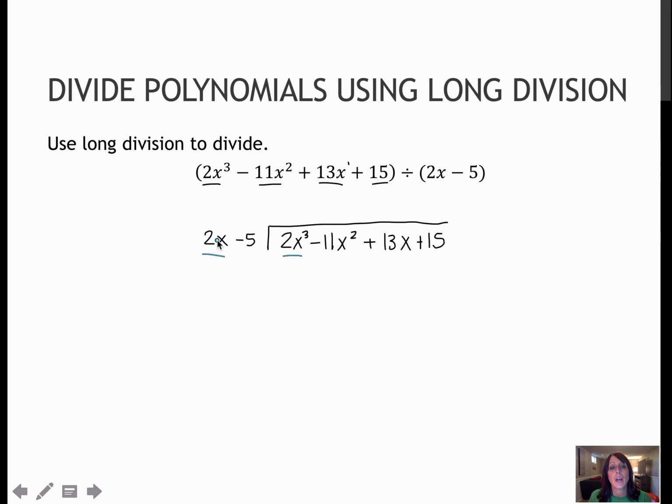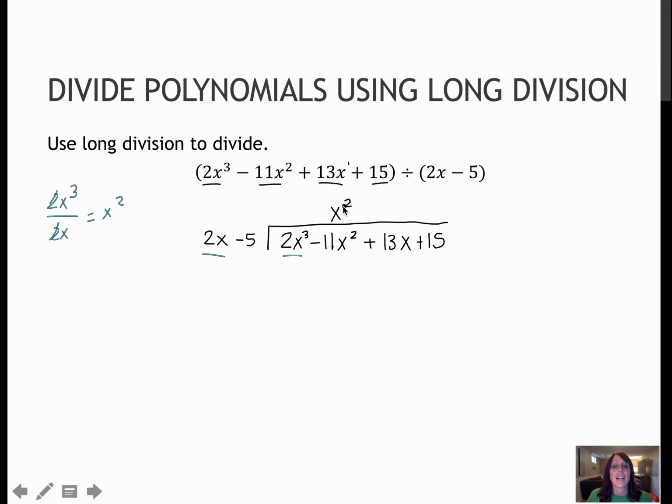I'm saying 2x times what gives me 2x cubed. If I'm not sure, I would take 2x cubed divided by 2x, and that would give me x to the second. Feel free to do this work off to the side. Which means I'm going to put x to the second, and notice I'm putting it above the other x squared. So I'm stacking like terms.